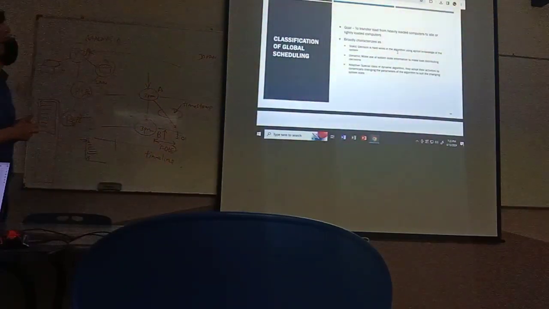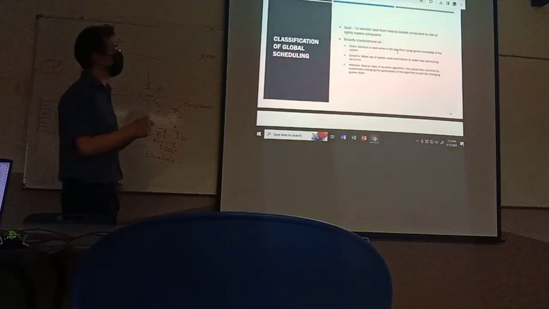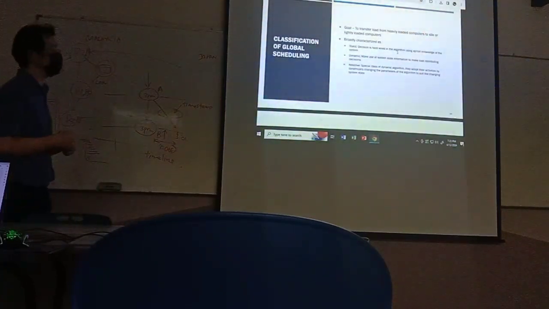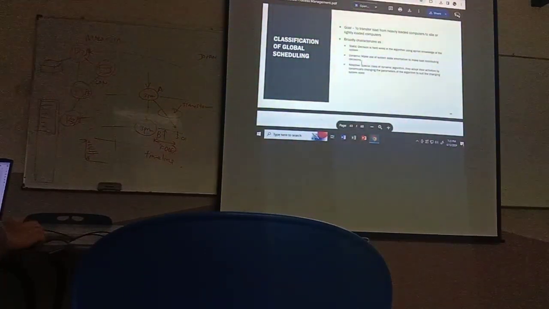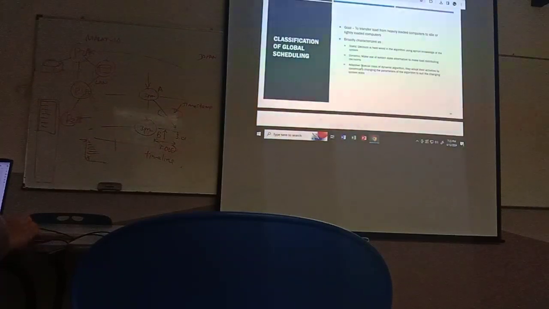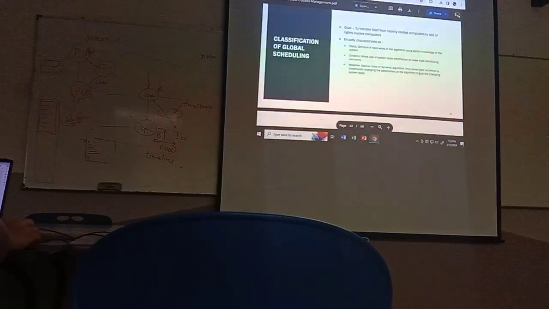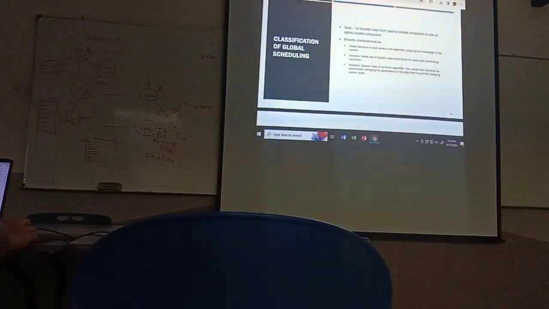We use special classes of dynamic algorithm in order to exchange the load from one computer to the others. So dynamic and adaptive are kind of similar, except that the adaptive one relies on finer details of your algorithm, not just looking at your CPU, whether it's heavy or not. It also looks at other factors before it does the load sharing or transfer of the load.